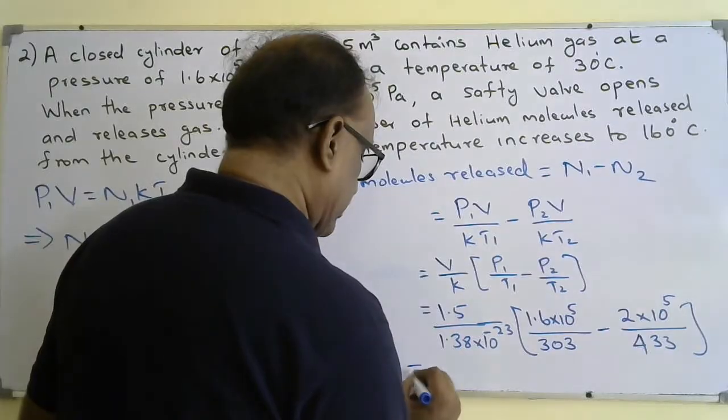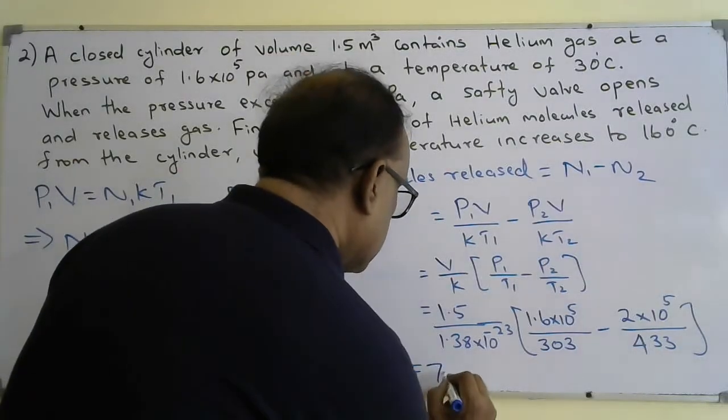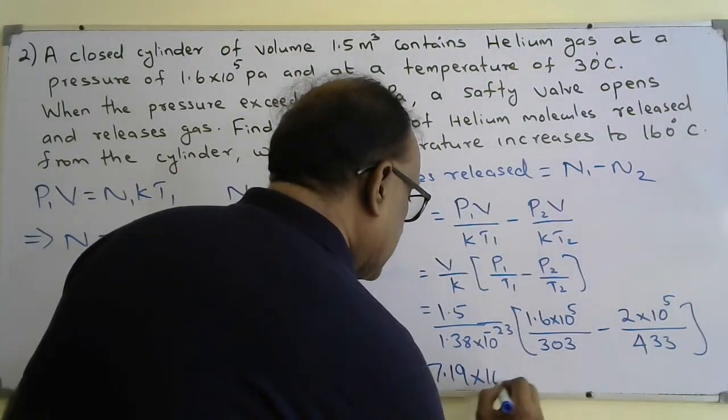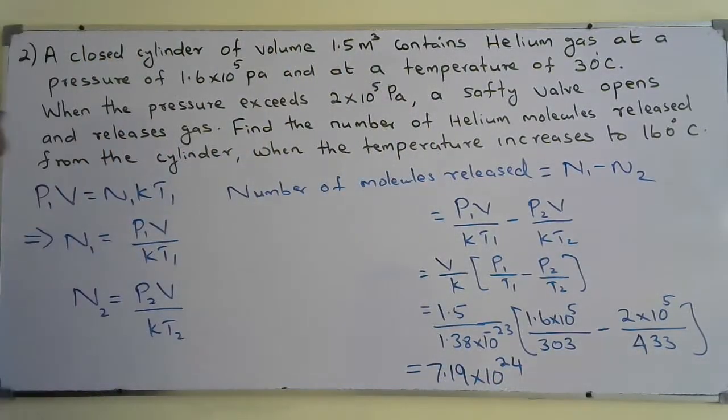Solve it, that will give the number of molecules escaped. That will be equal to 7.19 times 10 to the power 24 molecules will escape.